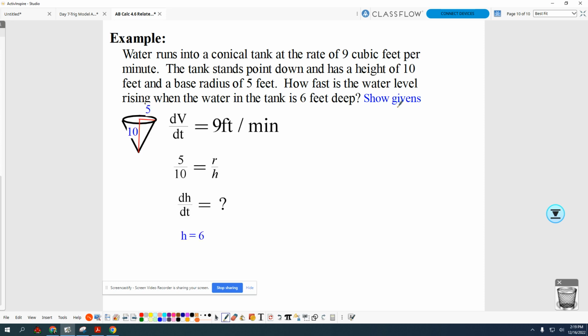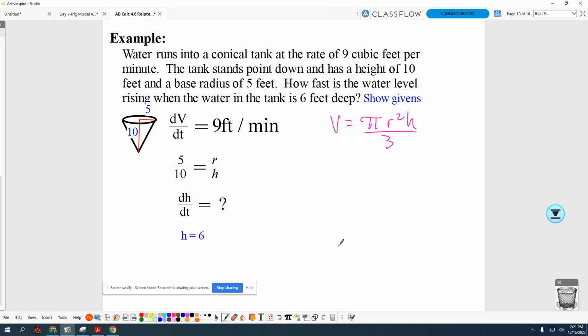Reading the problem, a conical tank with the point down. It looks like an ice cream cone. Next time it's a cube, people.